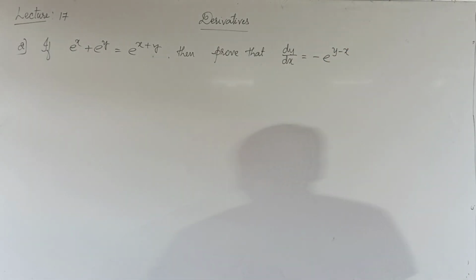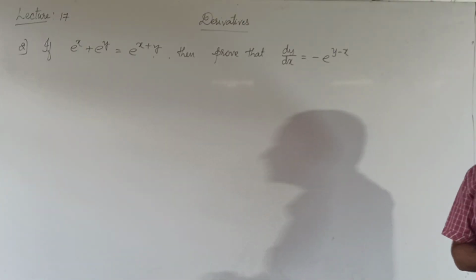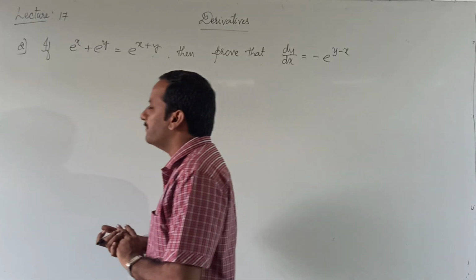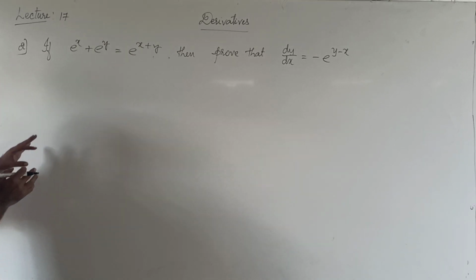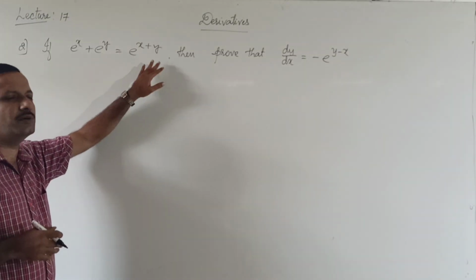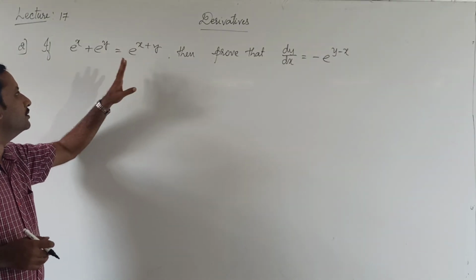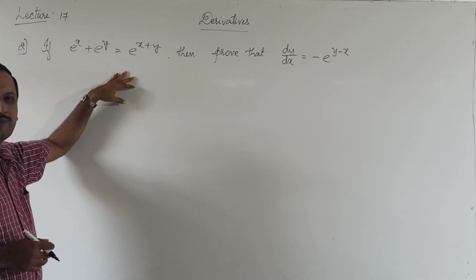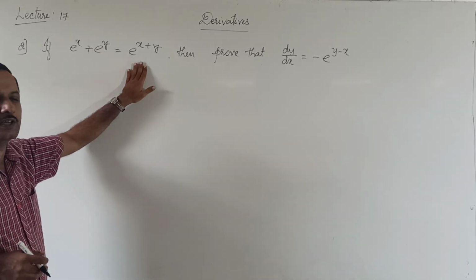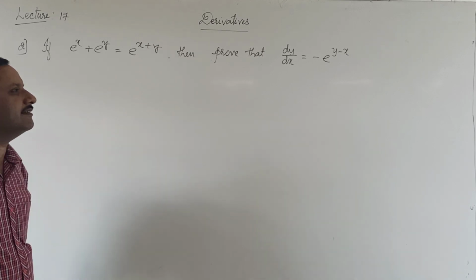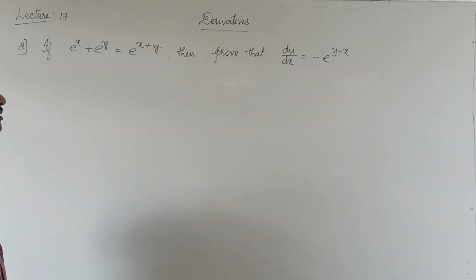So we have e power x plus e power y is equal to e power (x plus y). This is not a general rule. Only in this problem they have given e power x plus e power y is equal to e power (x plus y). Then we have to show that dy by dx is equal to minus e power y minus x.